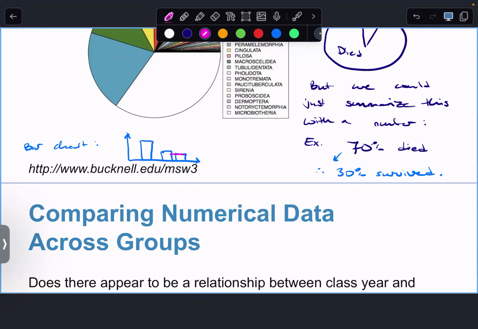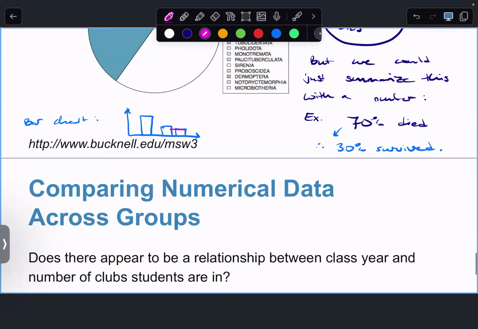What if we bake in some numerical data? Okay. So now, just to recap, we've talked about a numerical variable. We talked about histograms for visualizing numerical variables. And then we use the scatter plot to visualize two numerical variables. And then bar charts for a single categorical variable.